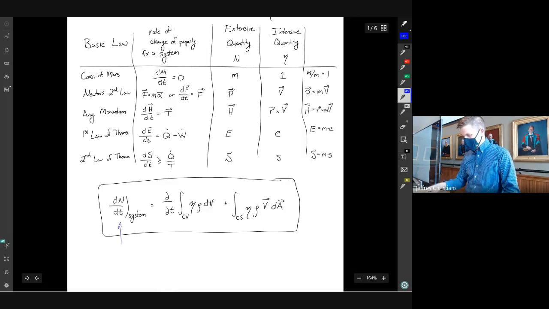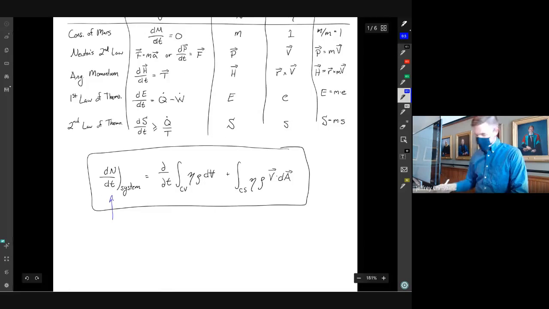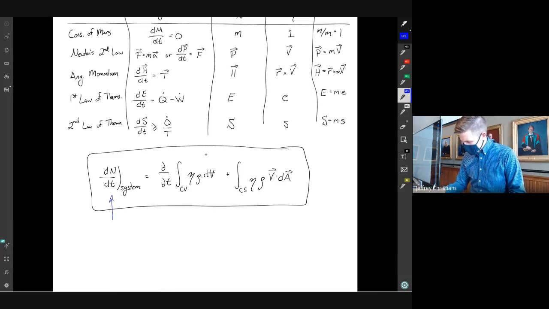That's this term, so this is the system: the rate of change for a system.